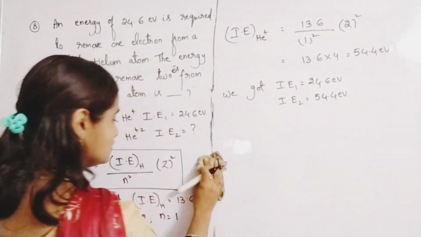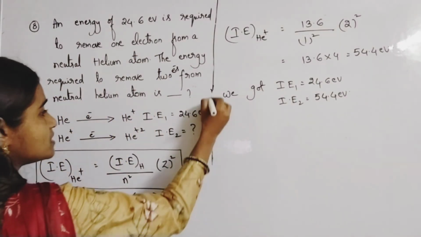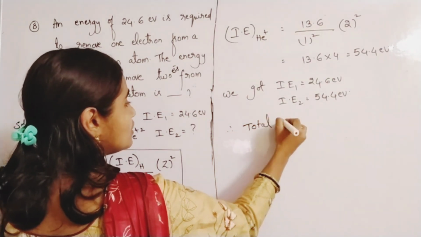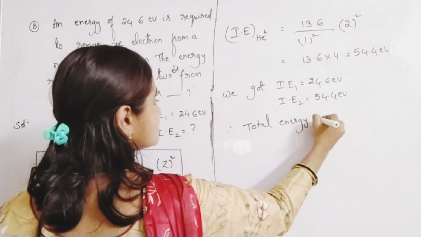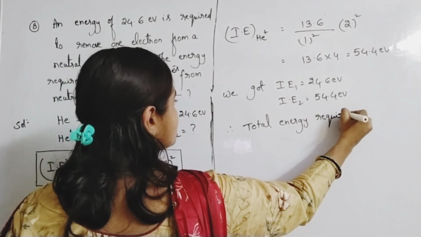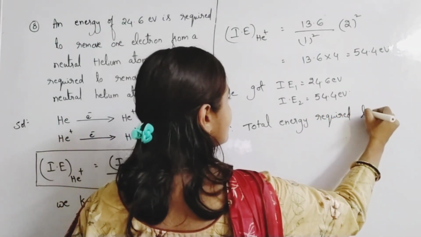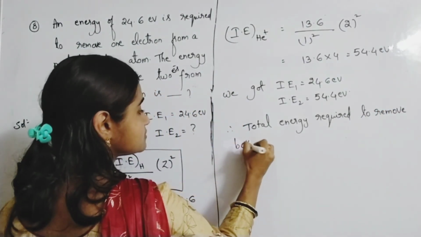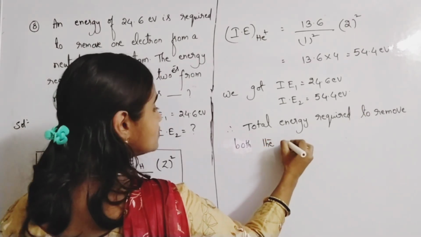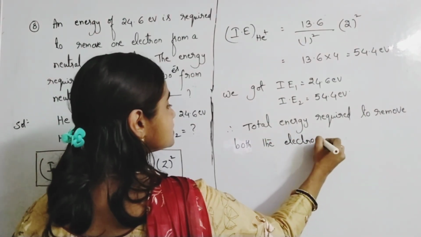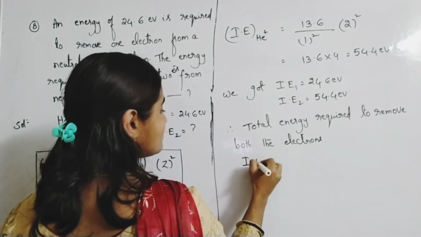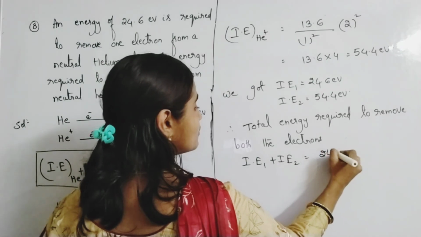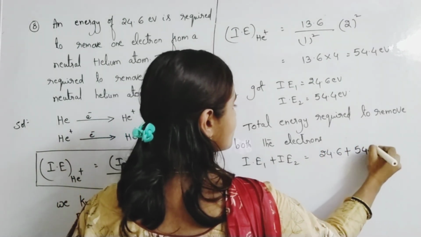Therefore total energy required to remove both the electrons is IE1 plus IE2, that is equal to 24.6 plus 54.4.